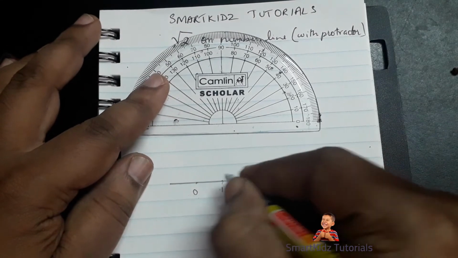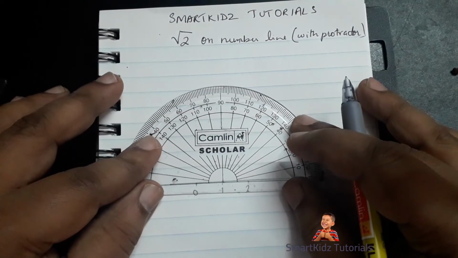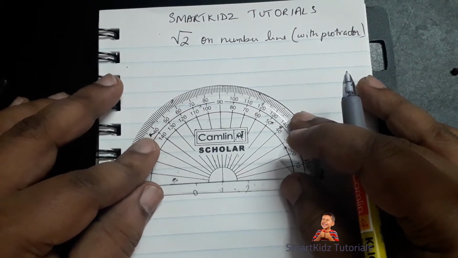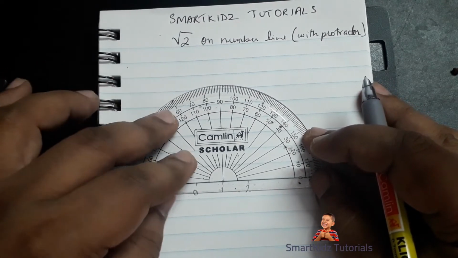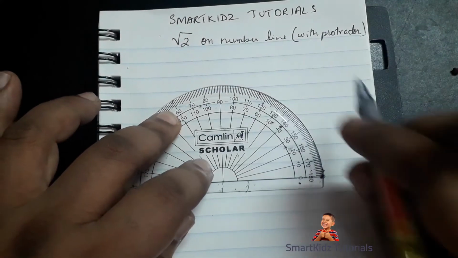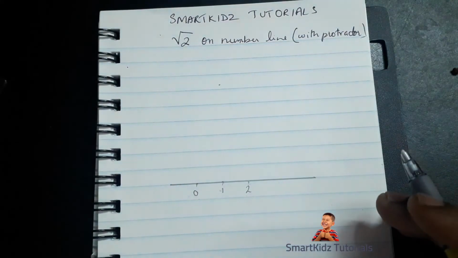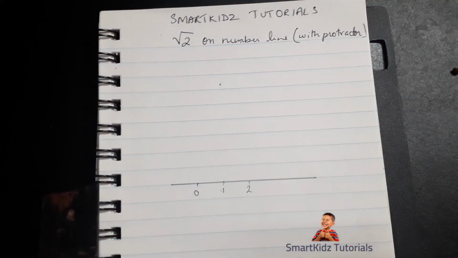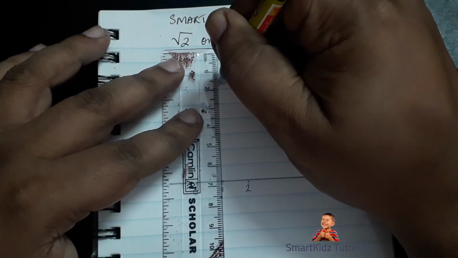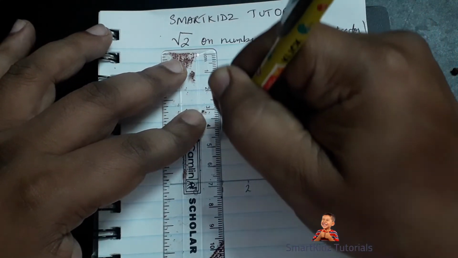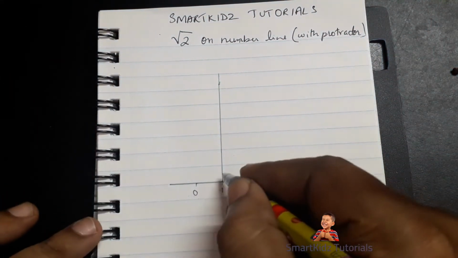Mark this as 1, this is 0, this is 2, and where it is 1 I'll hold the protractor, and we have to draw a perpendicular. Perpendicular means 90 degrees to 1, which is somewhere over here. And all I need to do now is draw a line from this point that we have marked to 1. Something like this.